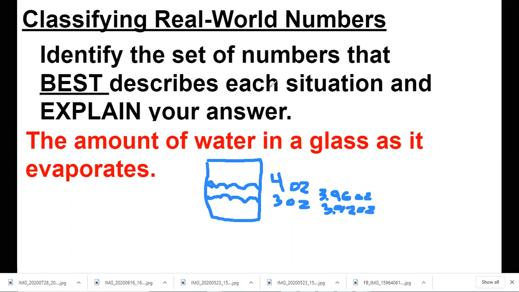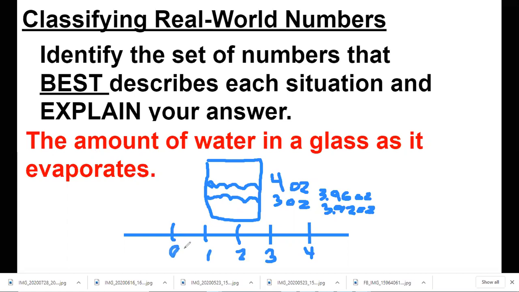So if we had our number line here, and we had 4 and 3, here's 4, here's 3, let's put another one, here's 2, here's 1, and then here's 0 when none of it is left.